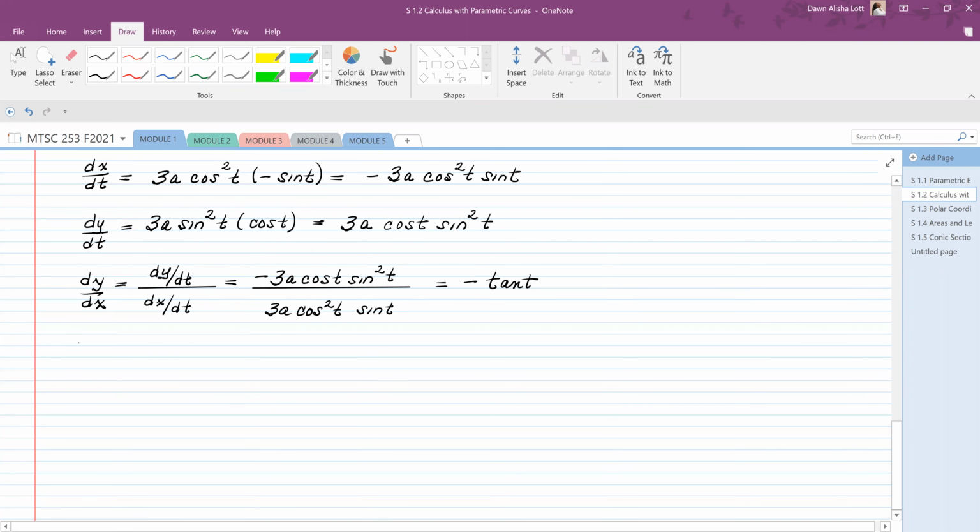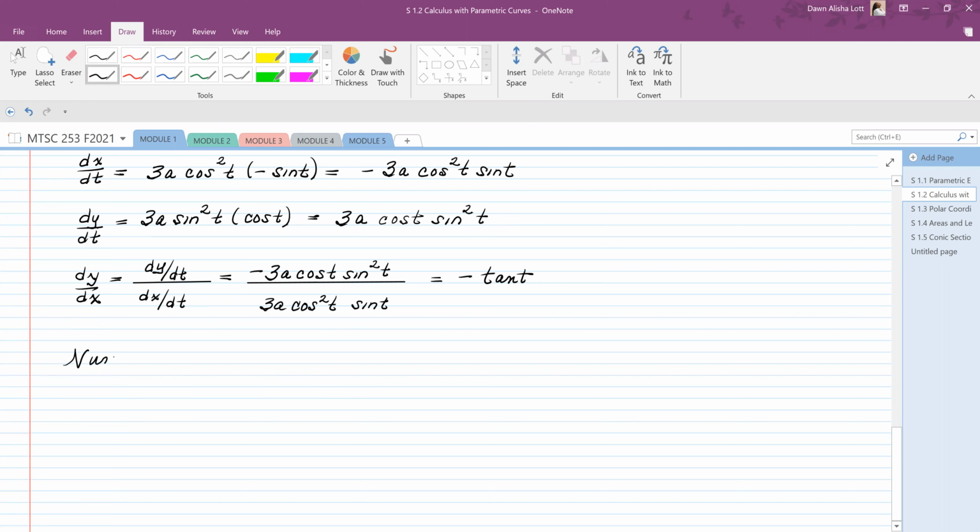All right, so the numerator and denominator both equal 0 at any multiple of n pi over 2.